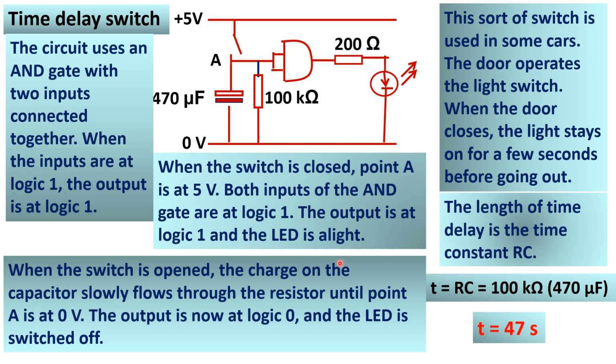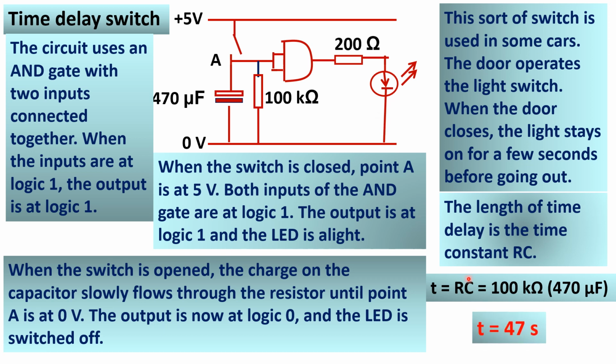That's why it's called a time delay switch, because even if the switch here is already open, meaning there will be no more current generated from the battery, it is the capacitor that is momentarily providing the necessary current for the AND gate to operate at logic 1, right?